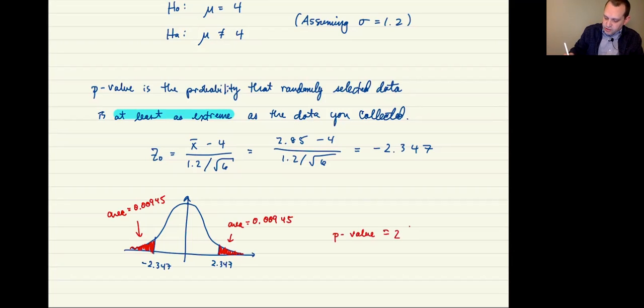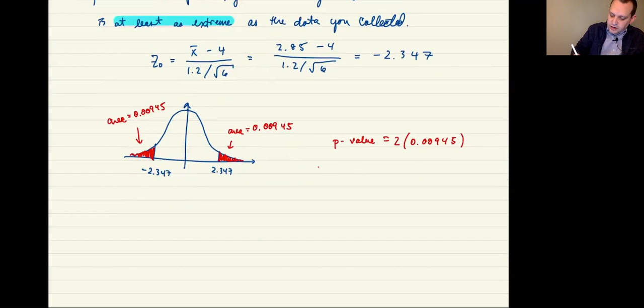And so our p-value is going to be the sum of those values, or twice the value. So it's going to be 2 times 0.00945. And I got this p-value in R. The code you would use in R is pnorm. There are two ways you can do it, and I'll explain both. A pnorm of negative 2.347 gives this area, the cumulative probability up to this value.